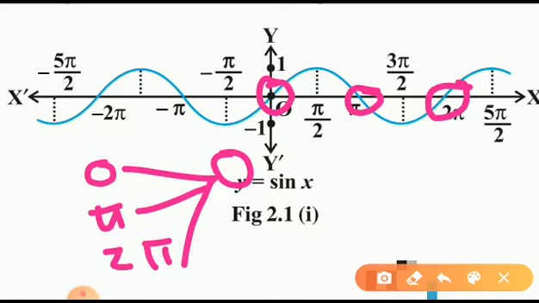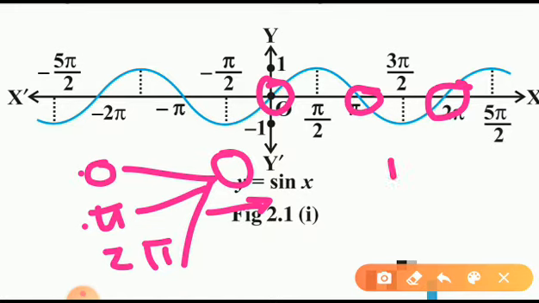Yes, so in this case will it be a 1-1 function? It won't, because what is a 1-1 function? Two distinct elements should have distinct images in your codomain. So in this case, if I consider the whole graph, I can see that sine x won't be a 1-1 function when my domain is, what was the domain of the sine function?